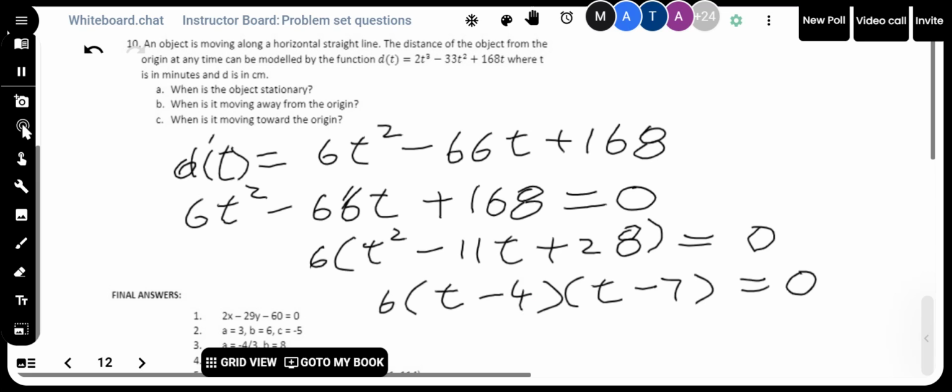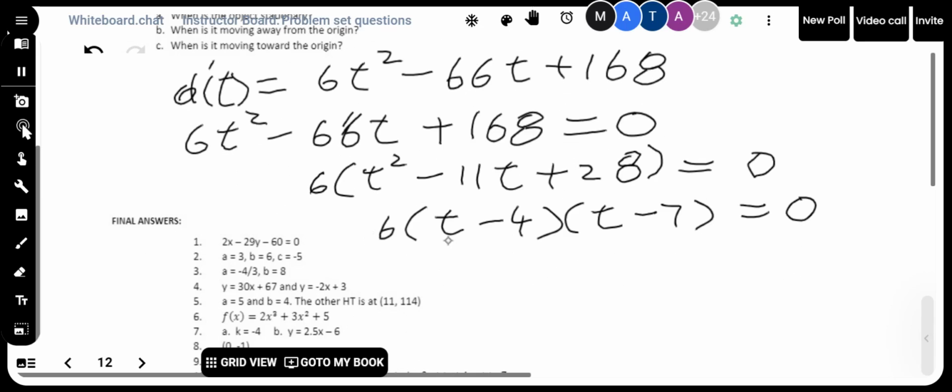So now we have an answer. There are 2 times at which the velocity is 0, when t equals 7 and 4, and both of these are in minutes.